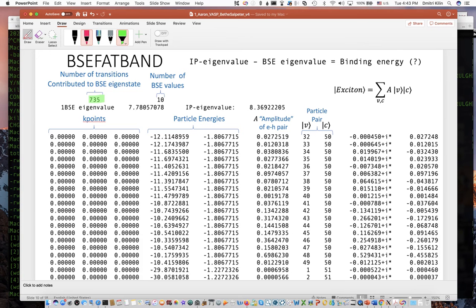And then this 10 represents that we computed 10 eigenstates. Below that, it outputs column data for each eigenvalue. This one BS eigenvalue just represents the lowest energy transition.